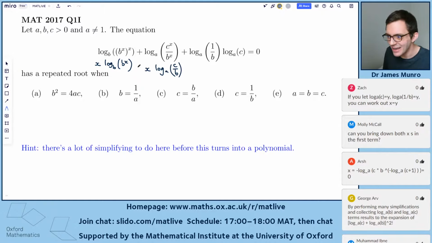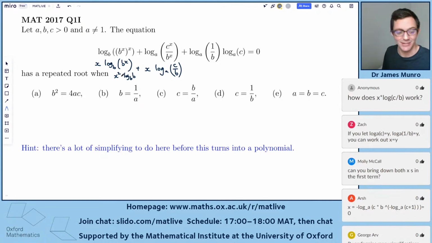But then I can do that again, can't I? I can bring out the x again to just get x squared log base b of b. Now I'm really excited because log base b of b is 1. Brilliant. So that's just x squared as the first term. It is x squared. Amazing.